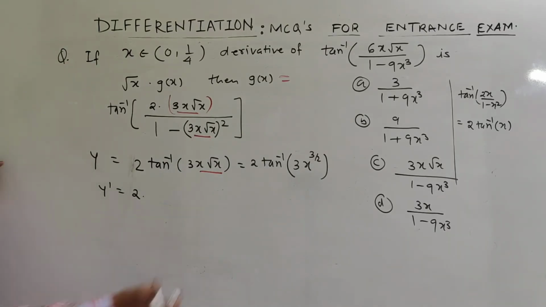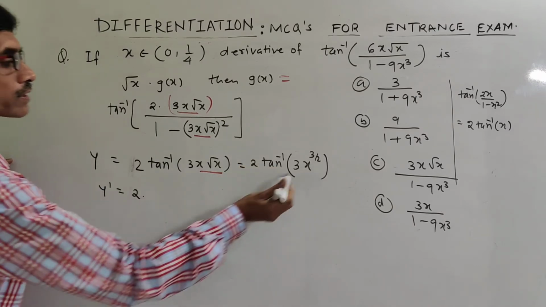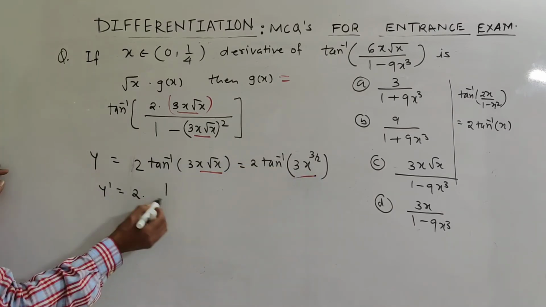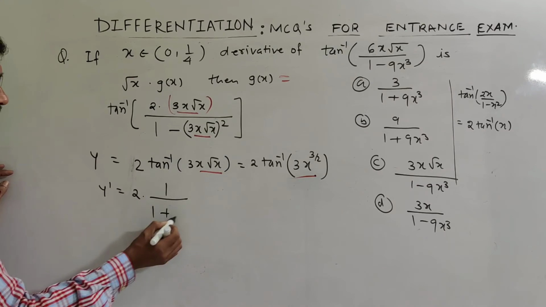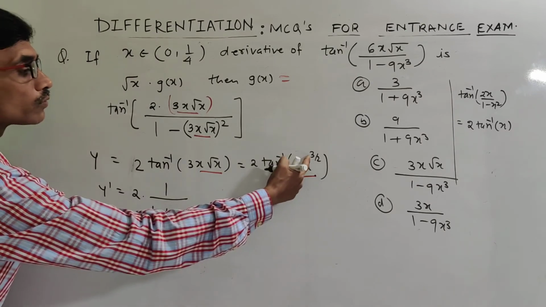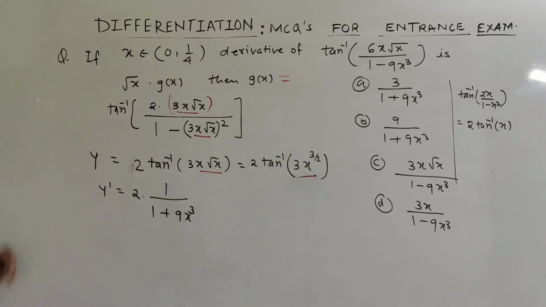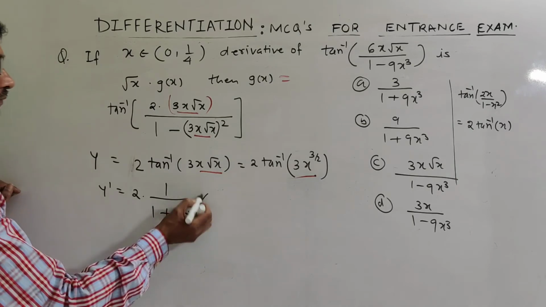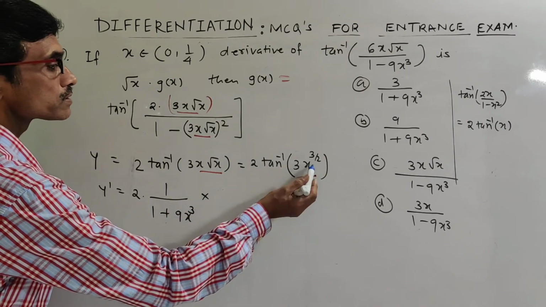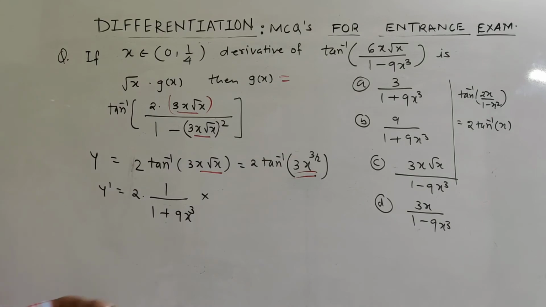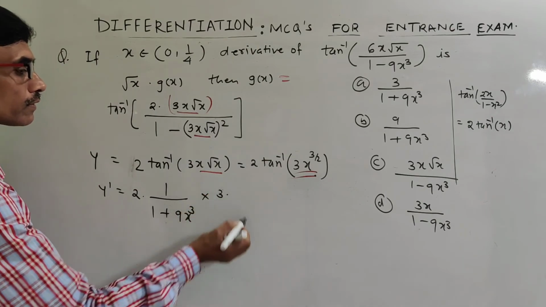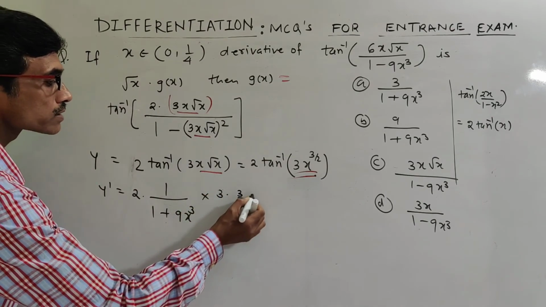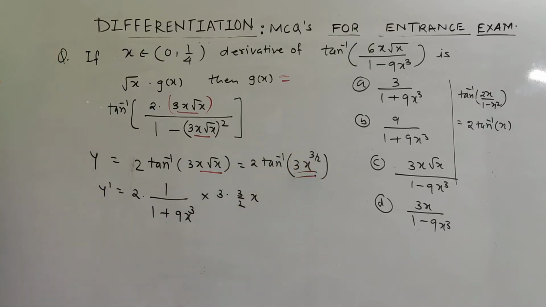times the derivative of tan inverse f x, which is 1 upon 1 plus f x square, that is 1 plus 9x cube, into the derivative of this, which is 3 into 3 by 2 times x raised to power 3 by 2 minus 1, which is 1 by 2.